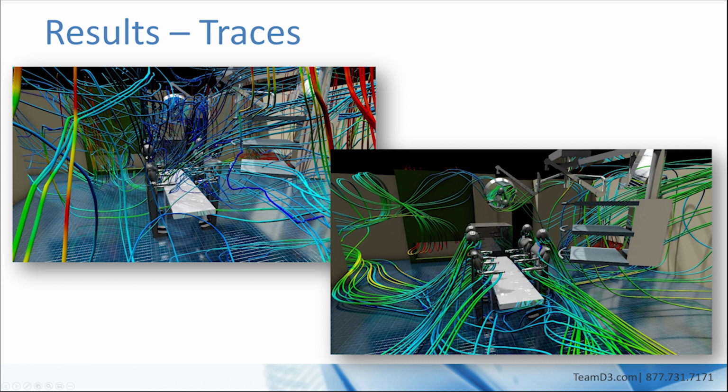Visual results like this are extremely valuable for conveying information to other stakeholders in the design, such as customers, vendors, or contractors. Not everyone is good at comprehending the performance of a design by looking at numbers on a spreadsheet. Not everyone has a thorough understanding of fluid dynamics and heat transfer, but can understand that the airflow shown on the left image is more chaotic than the airflow shown on the right image.